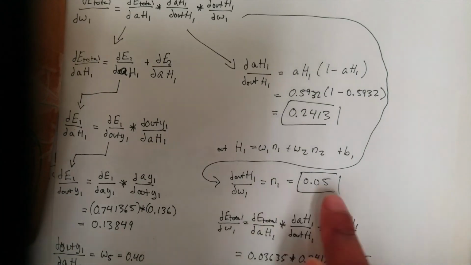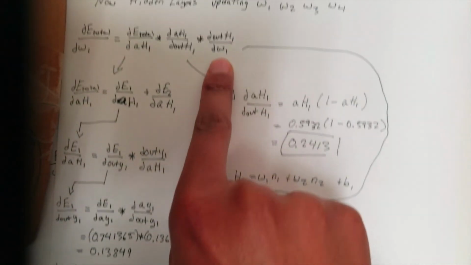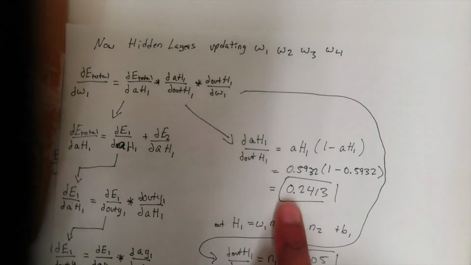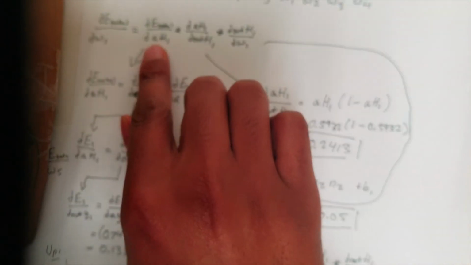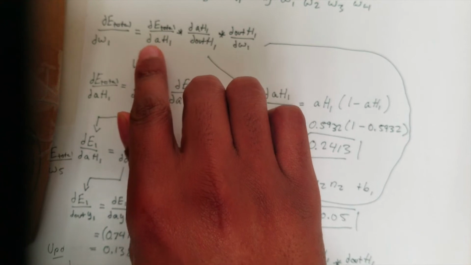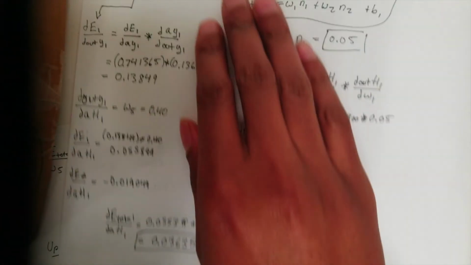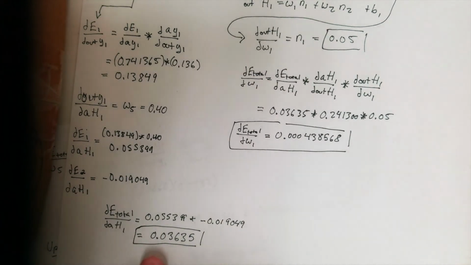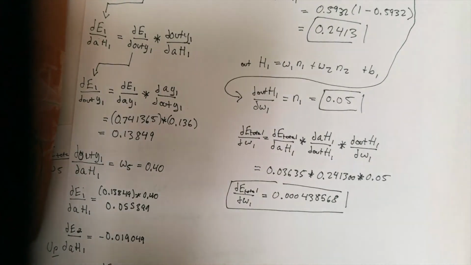Now, if we take all those values, which would be the 0.05, that's this component, then we have the 0.2413, which is that one right there, and then we have this one, which is the big one, the contribution of the activation of H1 to the error total, which was all the way down here, which is 0.03635.